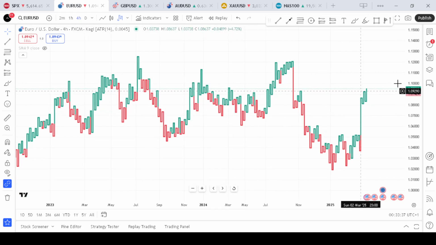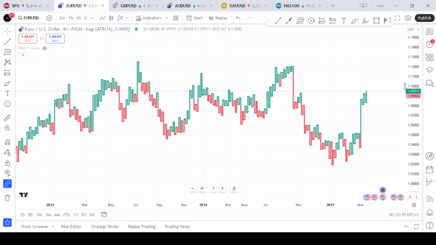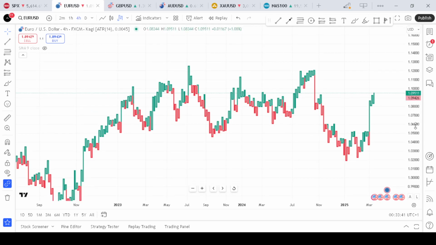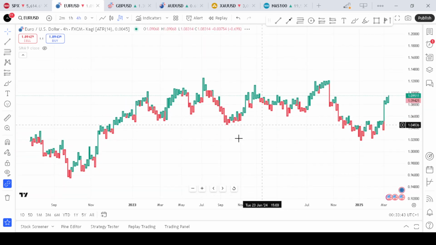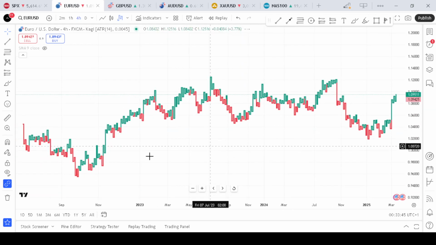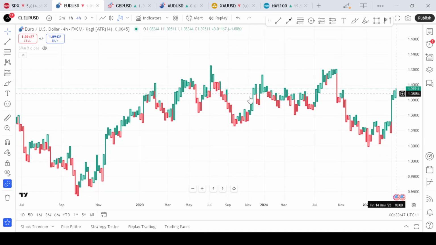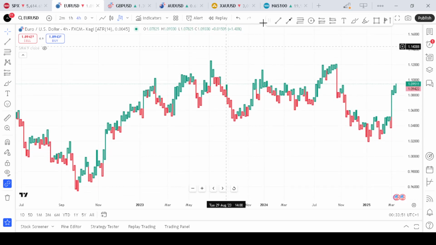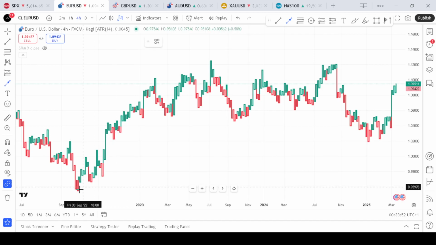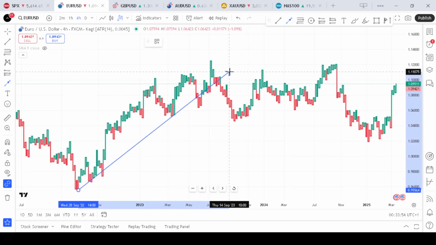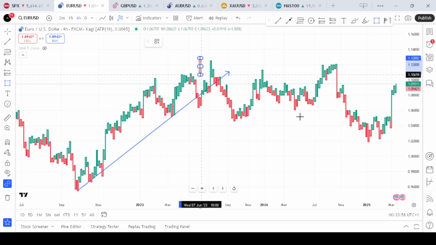After setting up your chart, you have to identify the trend from this chart. You try to identify the trend of the market, and as we can see, the market has been trending to the upside. We can see it has been making its way to the upside in this area before the market decided to go on a sideways movement.